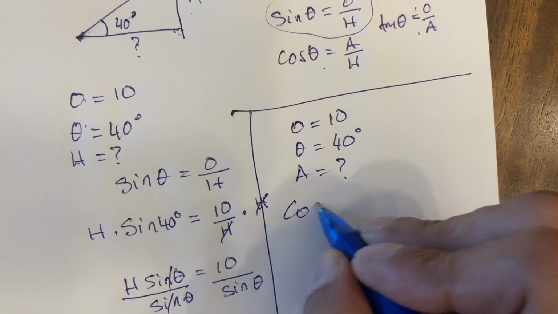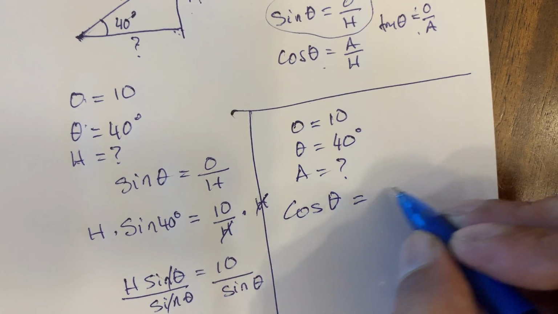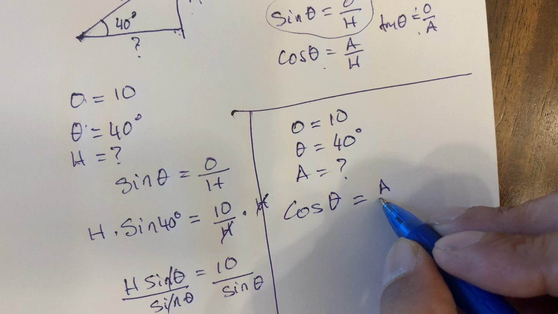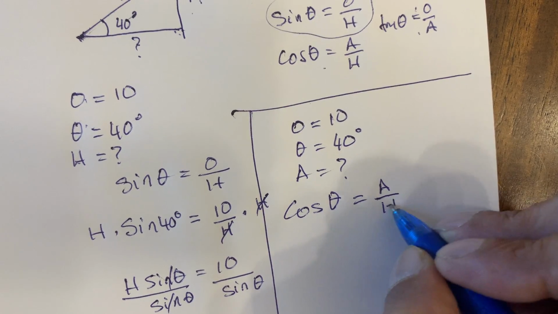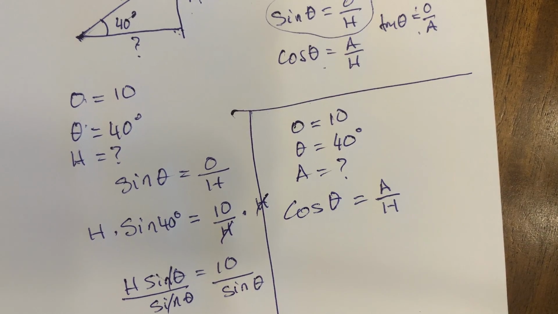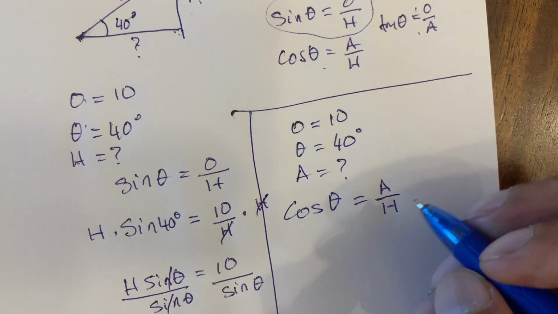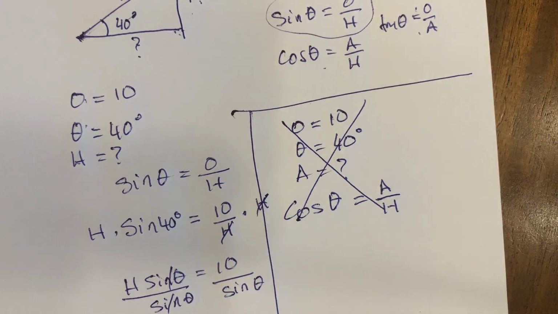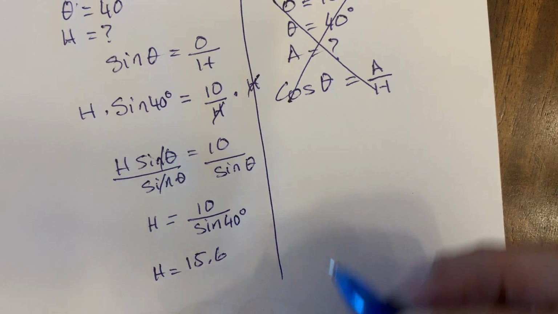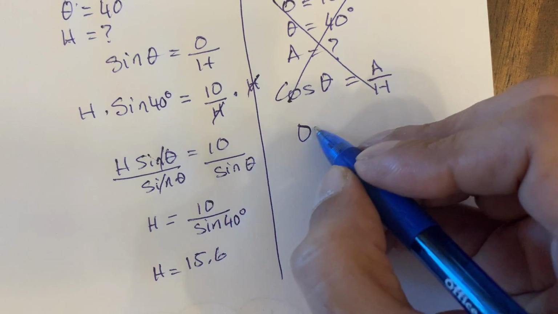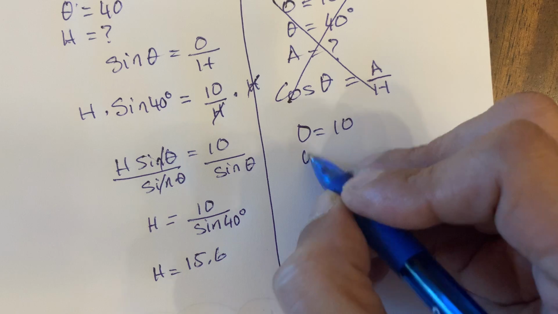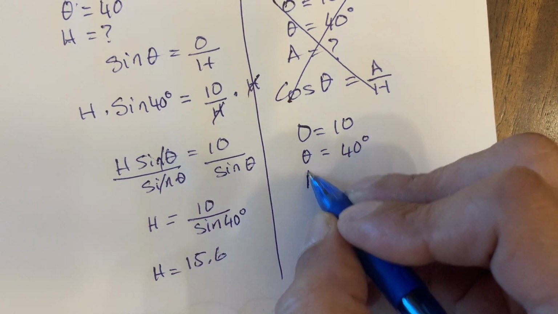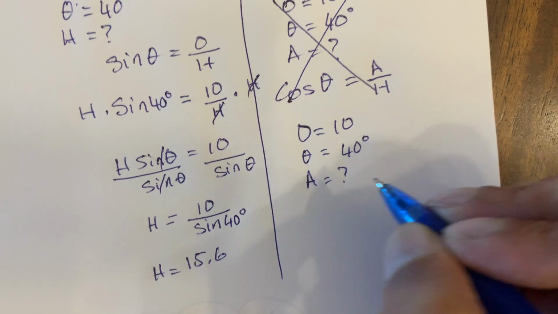Obviously, I need to use cosine of theta equals adjacent over hypotenuse. And I'm sorry, I'm not going to do this. Scratch that. Write it again. Opposite equals 10. Theta equals 40 degrees. And I'm looking for the adjacent.